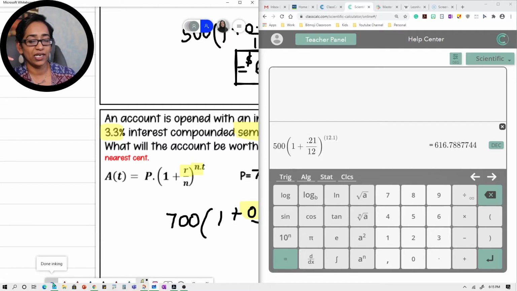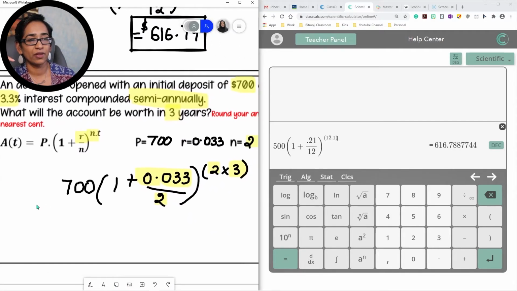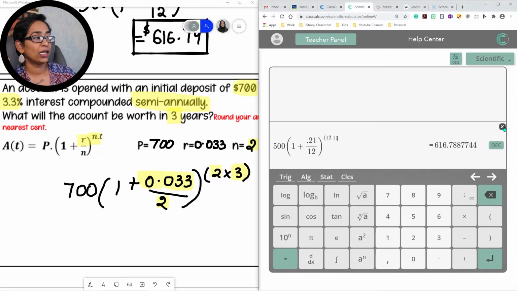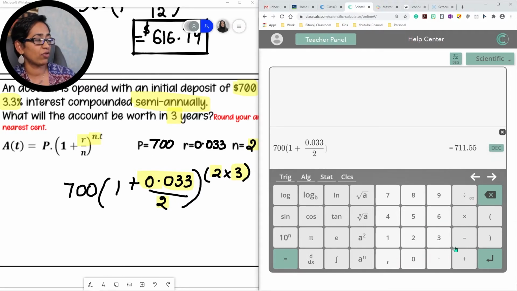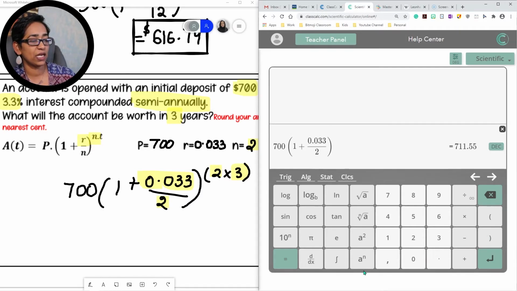There is my handy dandy class calc. Clear it, and let's go ahead and plug in 700, open parentheses, 1 plus 0.033 divided by 2, close parentheses, to the power n, open parentheses, 2 times 3.